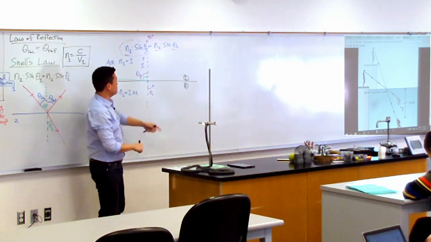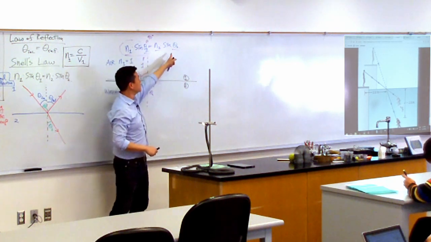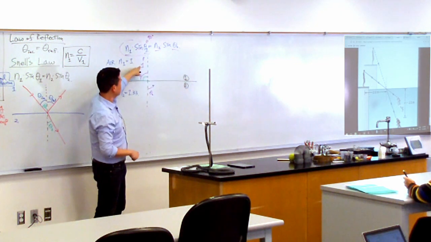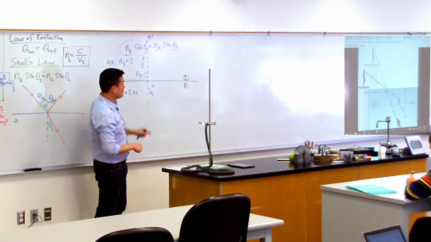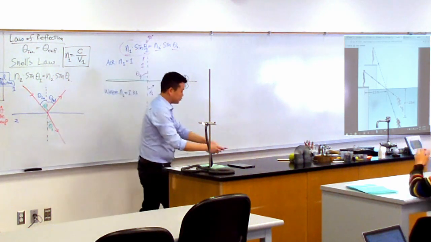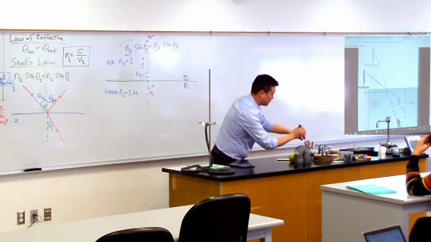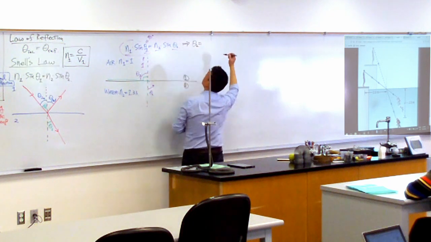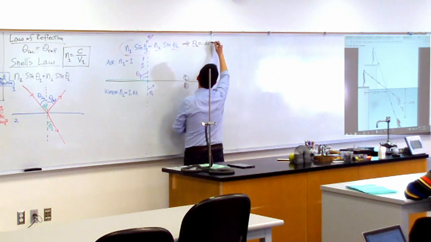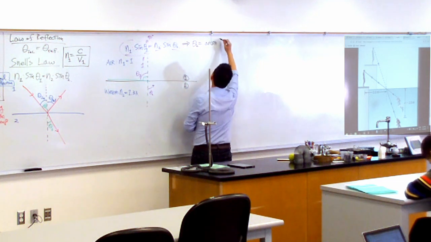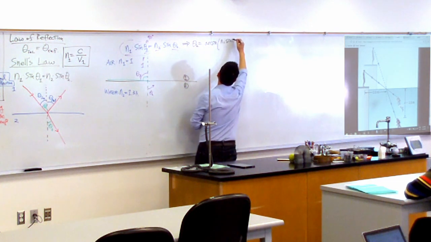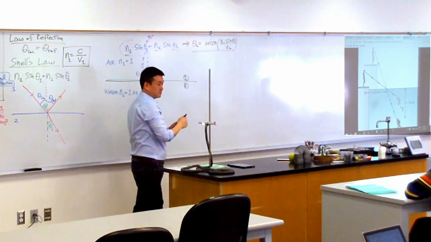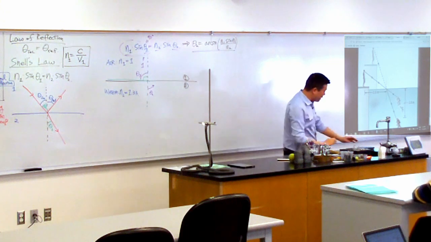No, right? This is bigger than 1, which means this has to be smaller than 1 so that the product can equal 1. If you work out the expression algebraically, theta 2 is, let me do this in my head, arc sine of n1 sine theta 1 over n2. Did I do the algebra correctly? Yes. Okay, let me plug in those numbers so that we have something concrete.